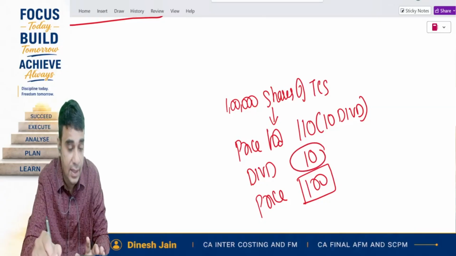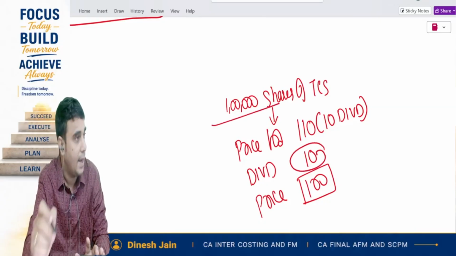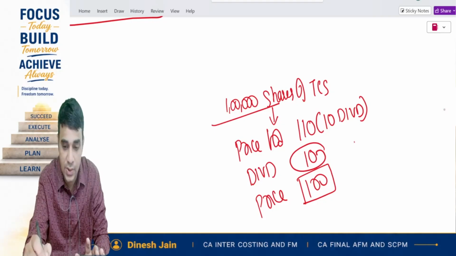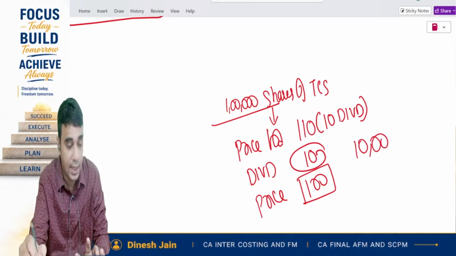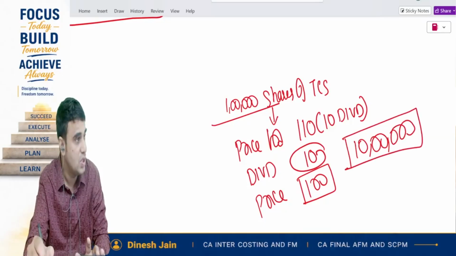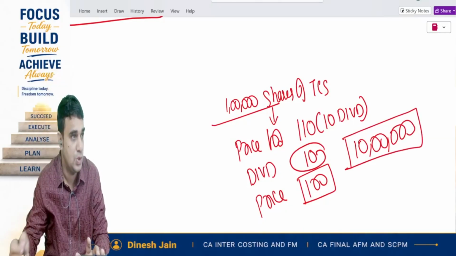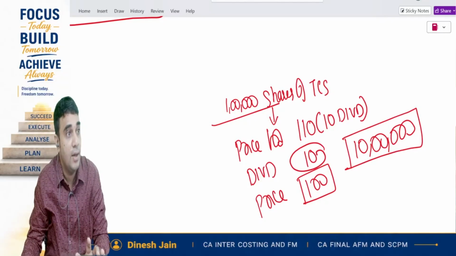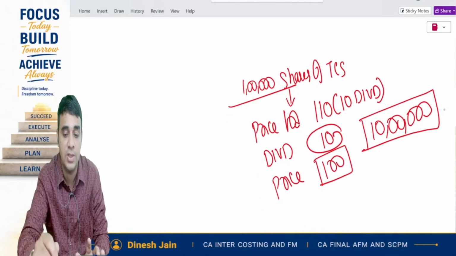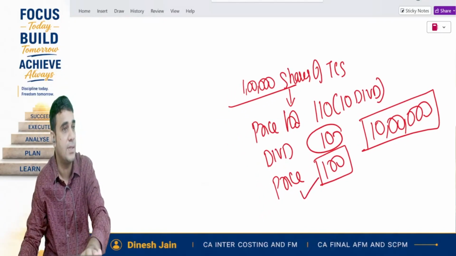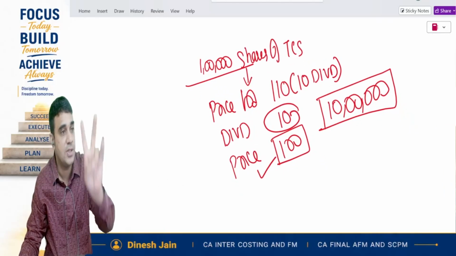I will get 10 into 1 lakh, which is 10 lakh, and use this 10 lakh to buy new shares. When I buy new shares, I will be allotted shares at 100 rupees. This came as a 2-mark exam question.